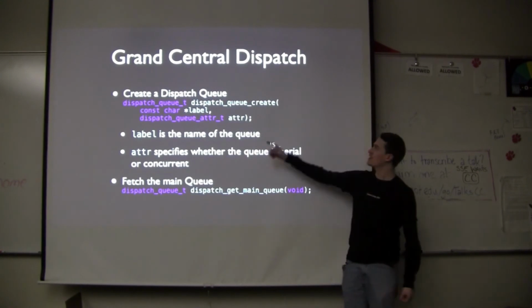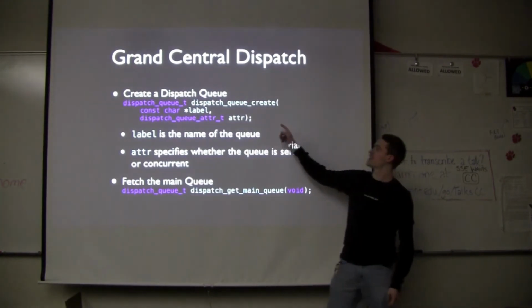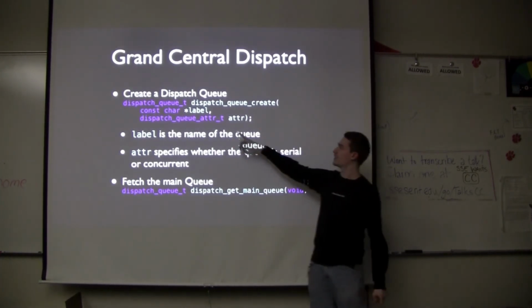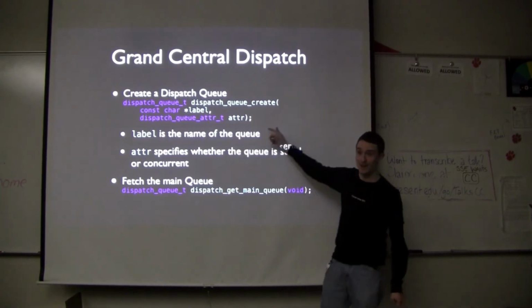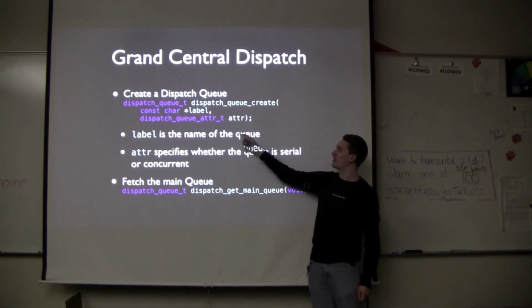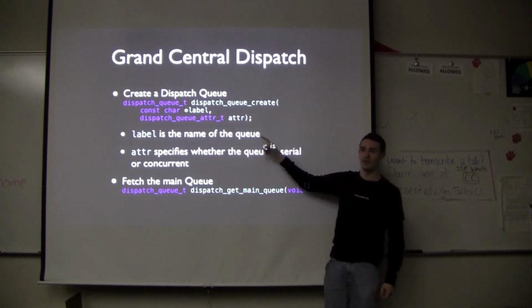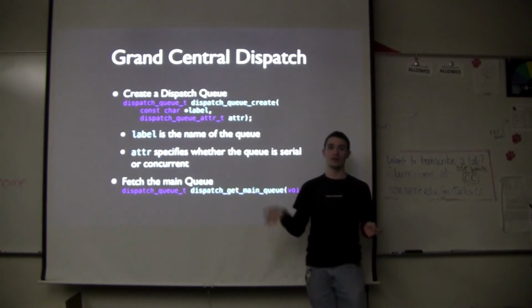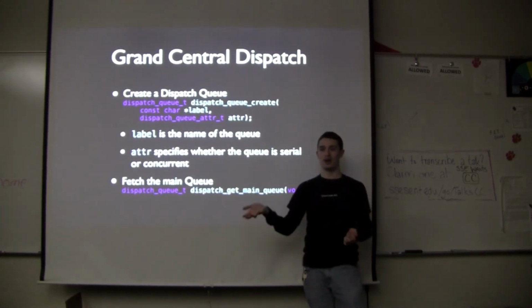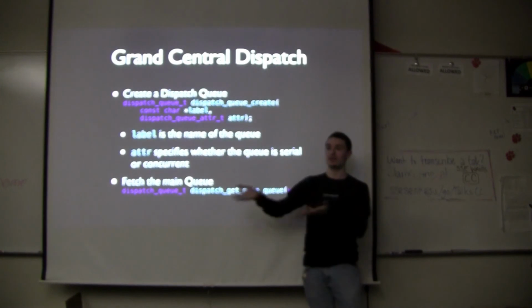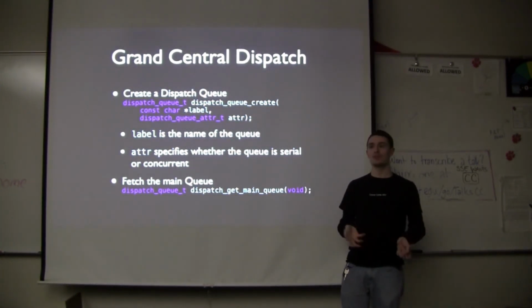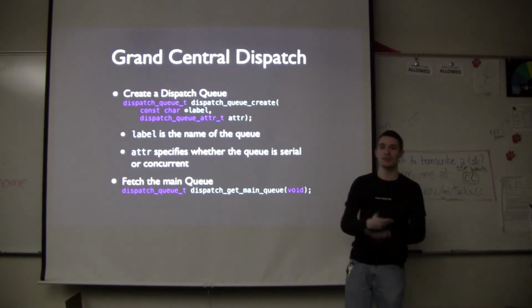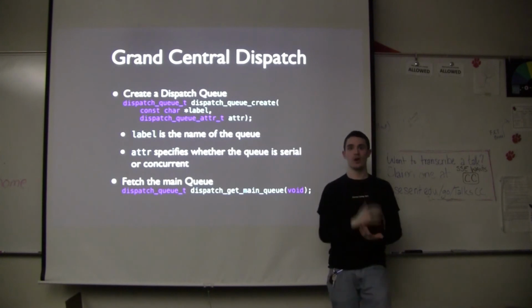You call dispatch_queue_create, which returns a dispatch queue type, and you pass in a constant character array, which is the name of the dispatch queue, and the dispatch queue attribute enum value, which pretty much tells it I want to be a concurrent dispatch queue where my blocks are run asynchronously from each other, or I want to be a serial queue, where blocks are executed one at a time.